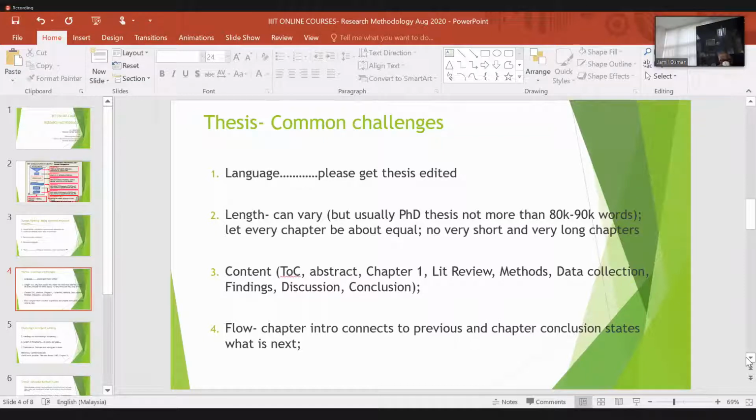I'm sure Dato will have even more years of experience to share. But let me just share with you these common challenges, and then a few ethical issues that you may want to also contribute to later.